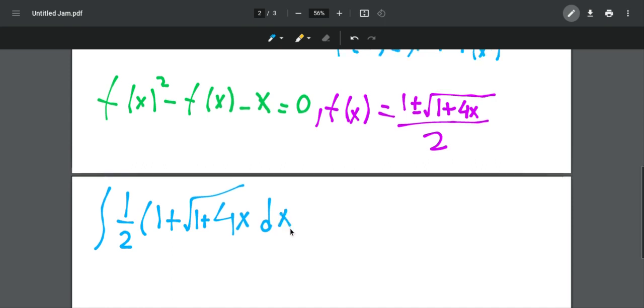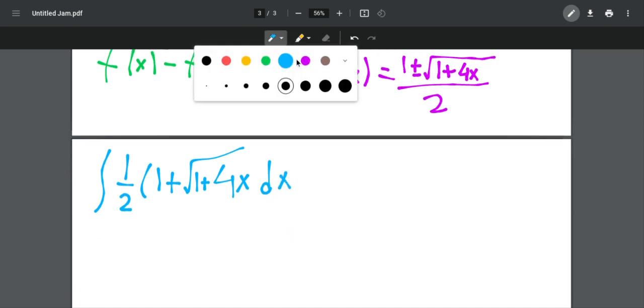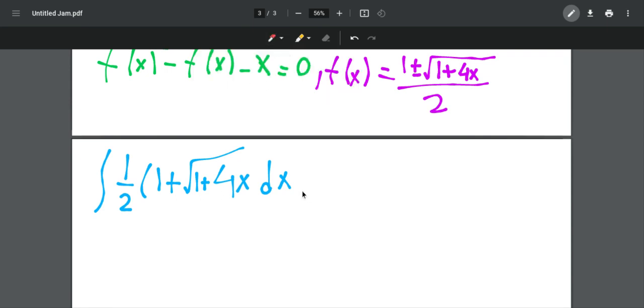So now I can clearly take out the 1/2 because it's a constant, out of the integral, and I can use a u substitution maybe. So this is 1/2 times the integral of 1 plus the square root of 1 plus 4x dx.